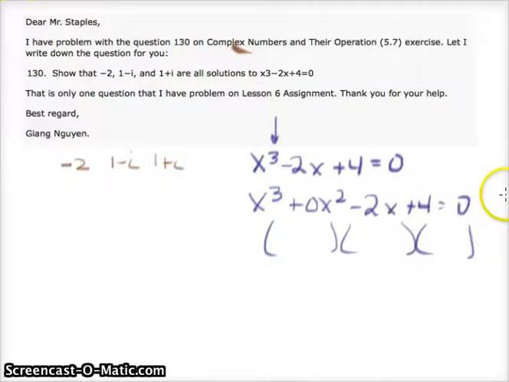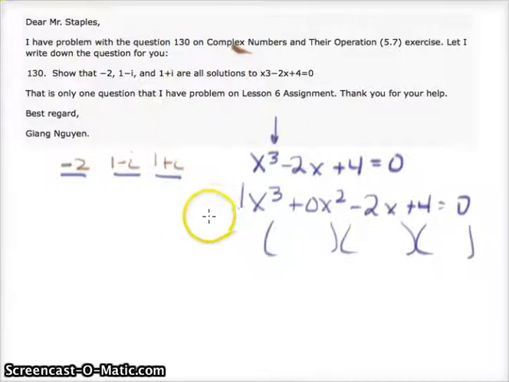Well, we're going to use the rational roots theorem, which says any factors of 4 over 1 could be a possible root to the problem. First of all, it said, show that these 3 are the possible answers to the equation.